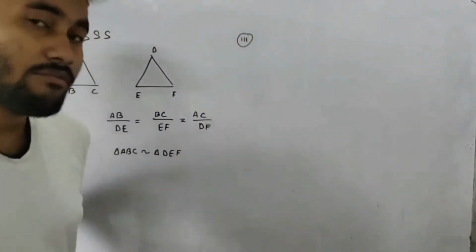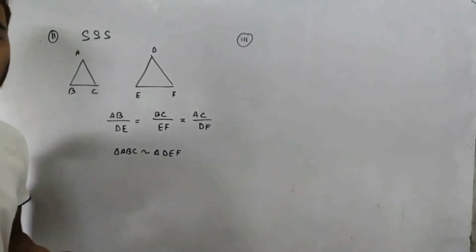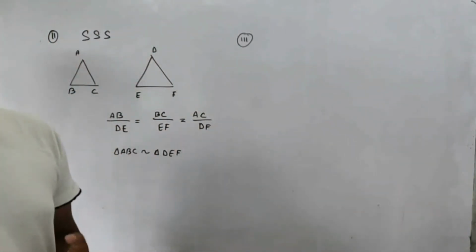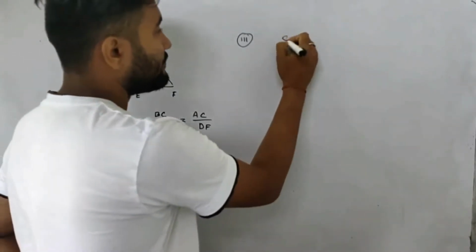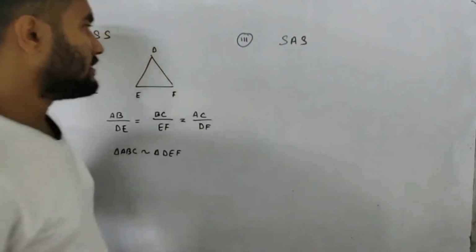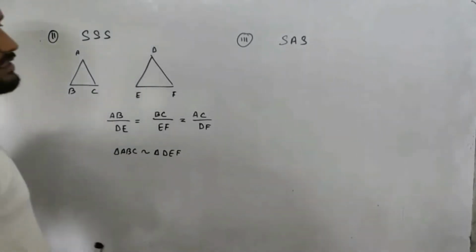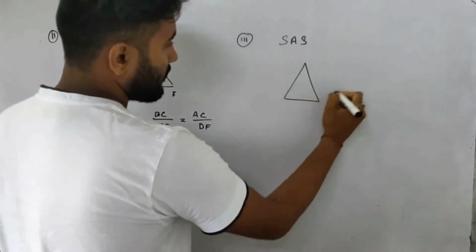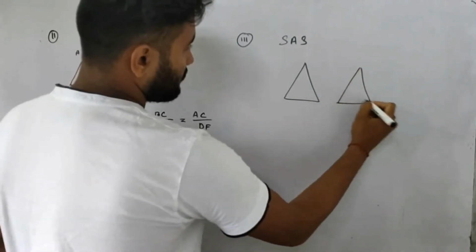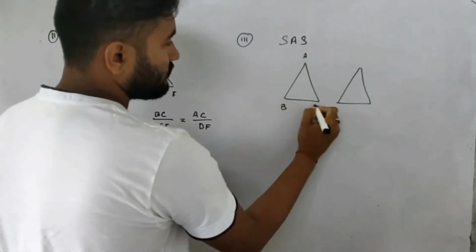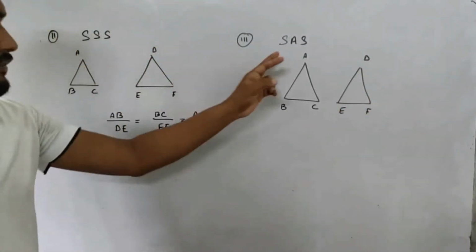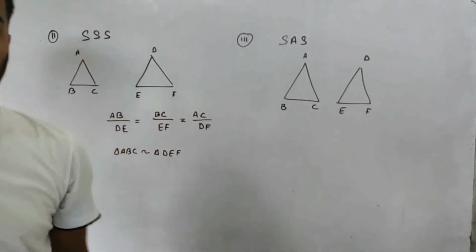What is the last property we will use? This is also a very important property. Always you will not get two angles equal like that, and always you will not get all the sides proportional. So the third one is SAS, side angle side. Clearly you can see there are two S, so two sides will be proportional.